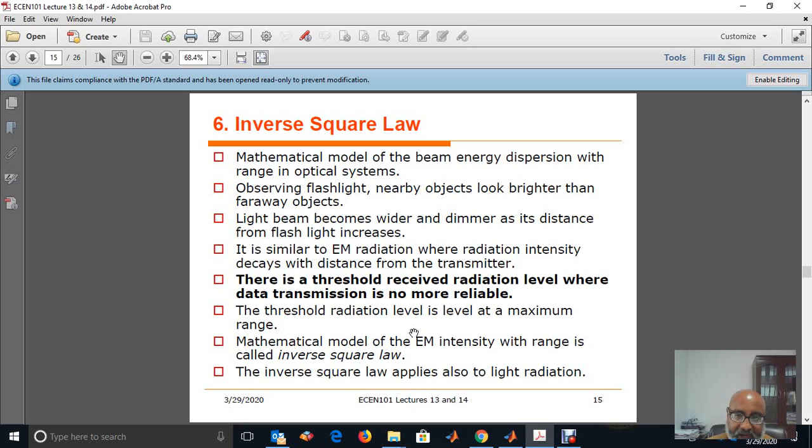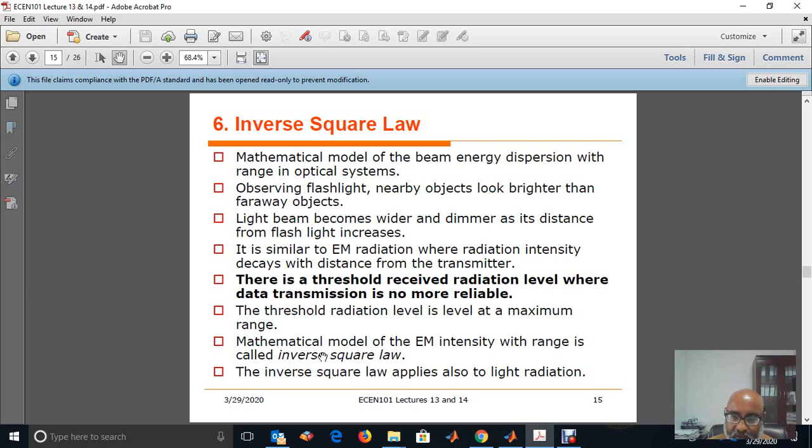The threshold radiation level is a level that determines the maximum range of communication, the maximum range between the transmitter and the receiver. And as I said, a mathematical modeling of an electromagnetic intensity with range is usually inverse square law.